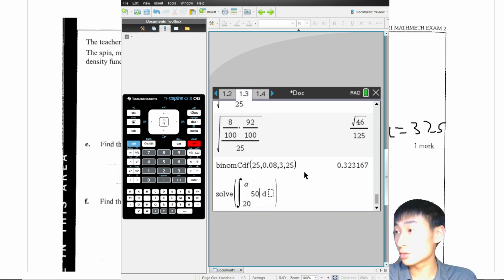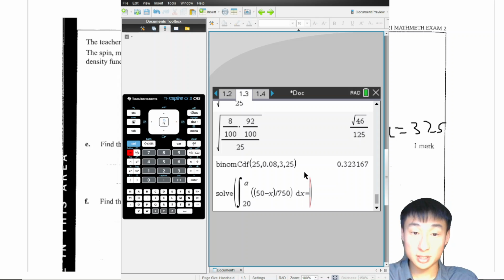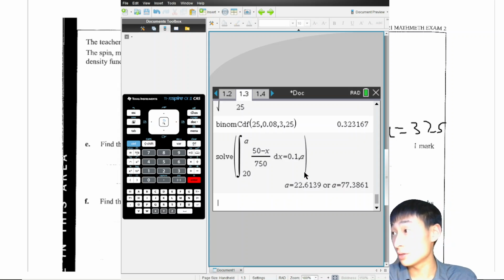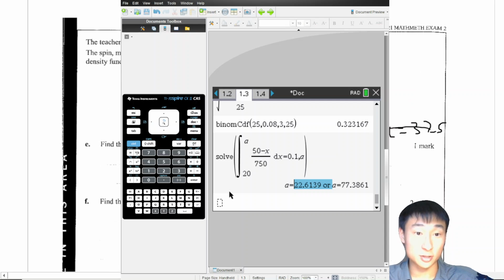Oops. 50 minus x divided by 750 is equal to 0.1, and you get 22.619. So that's wrong. 20 to a, 50 minus x over 750 is equal to 0.1 because I worked out that this part is 0.4.